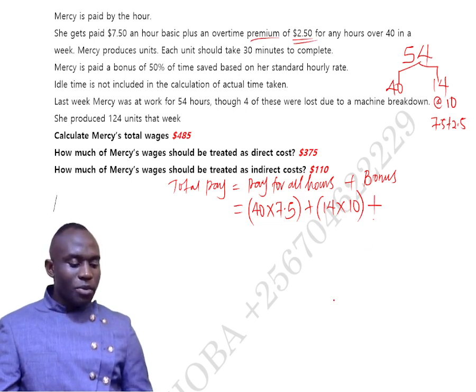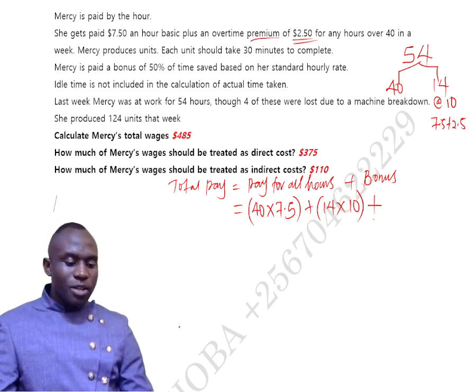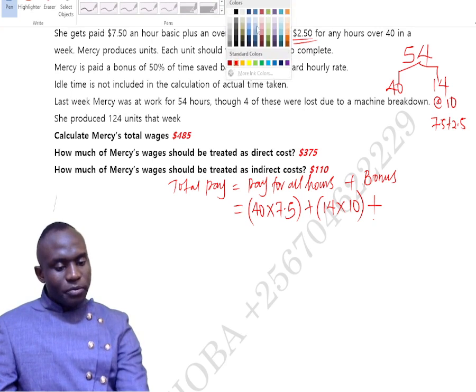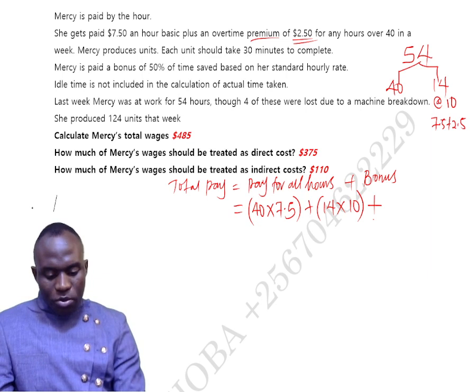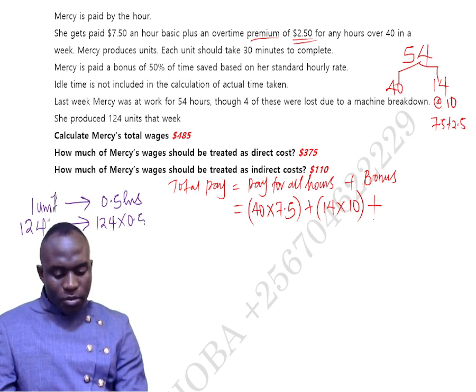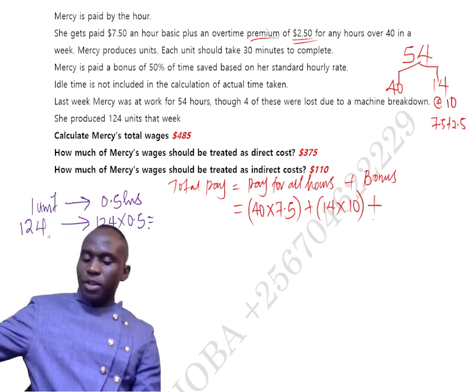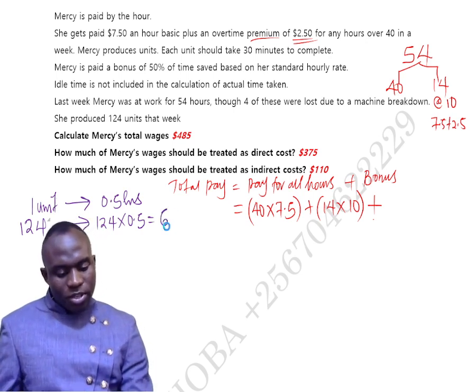So we need to work out how much the bonus is. Now how do we get the bonus? Bonus, we said, is based on time saved. Now you see each unit takes 30 minutes. So to produce 1 unit, she's supposed to take 0.5 hours. So if she produced 124 units, then she should have taken 124 times 0.5, which is 62 hours.